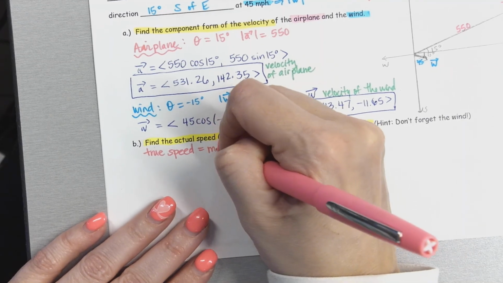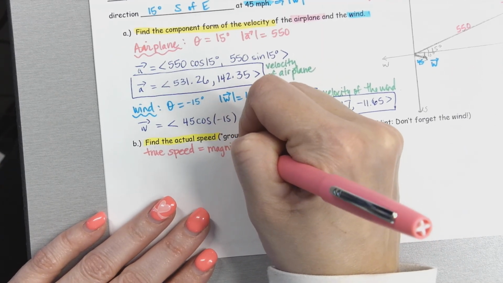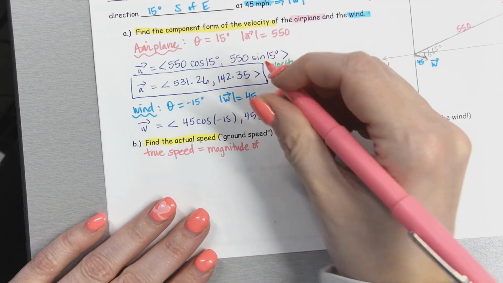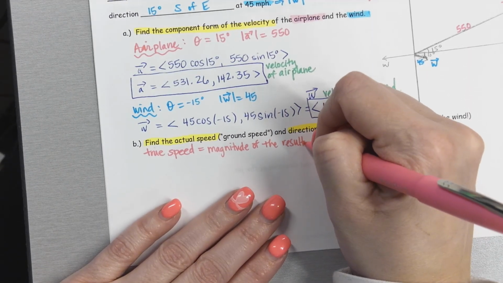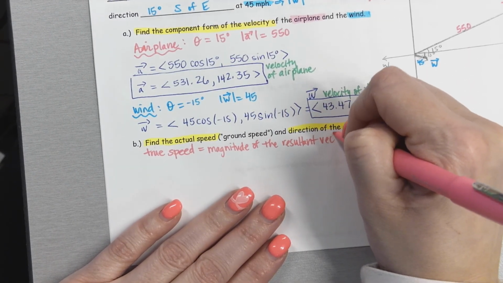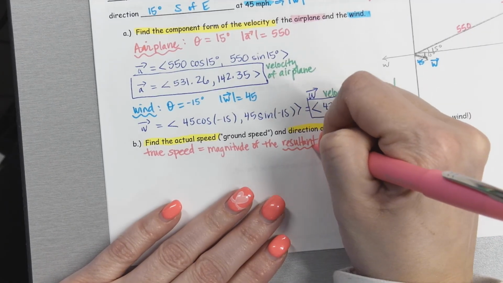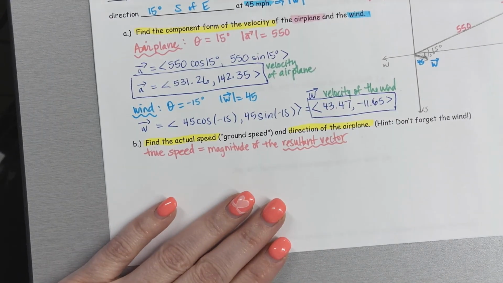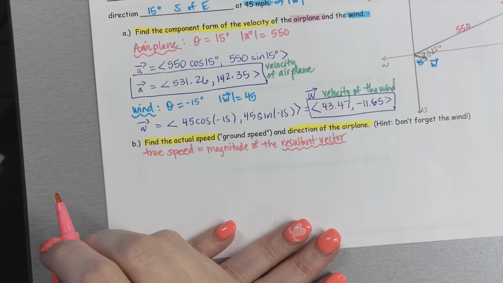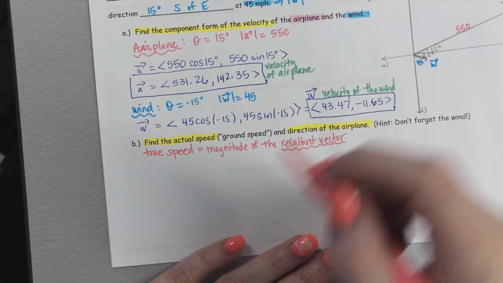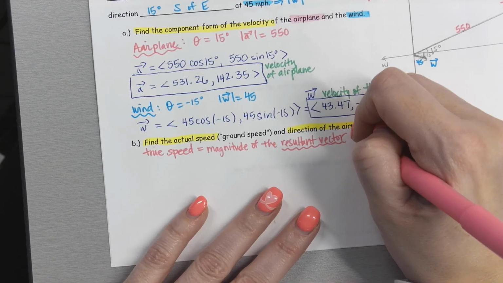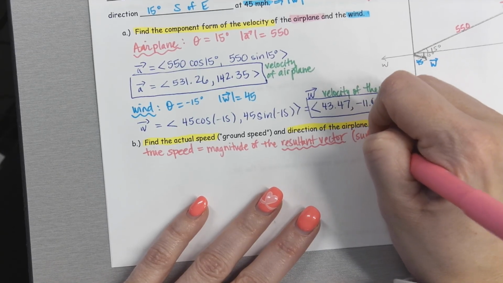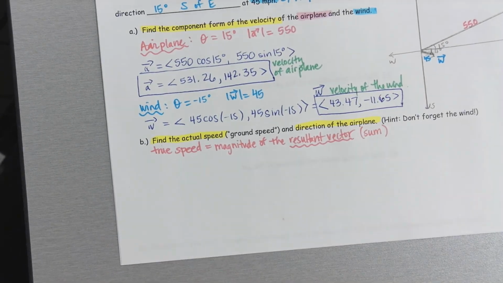Okay, so that is the magnitude of the resultant vector, and the resultant vector is going to be a vector sum.